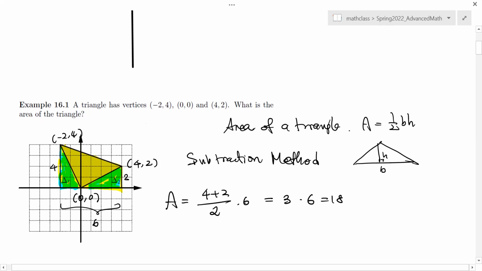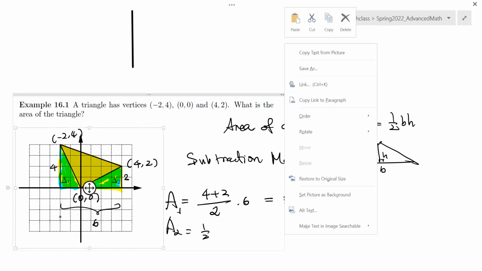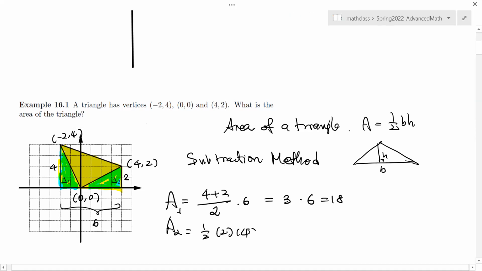Then you subtract. This is the area of the trapezoid. The area of the first triangle is going to be half of 2 times 4, so that's 4. Another one is the same, 2 times 4 halved, also 4.